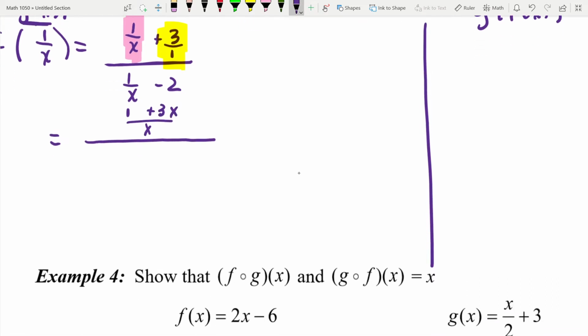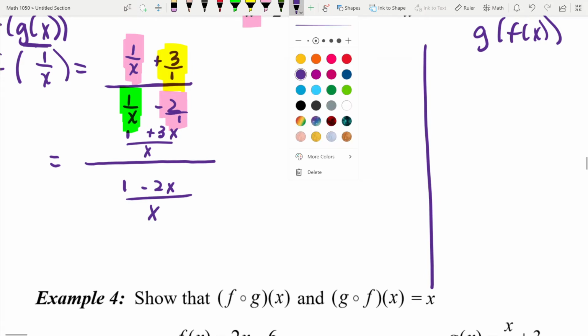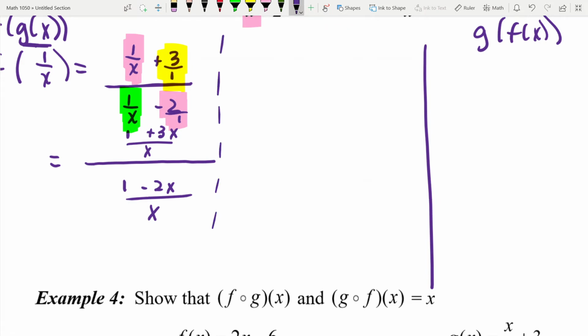In the denominator, I need to get a common denominator, which is also going to be x. So this guy right here in green, guys, already has the x. So I put the 1 down. This guy right here that I'm highlighting in pink is missing the x. So I have to write minus 2x. Okay, so there's my common denominators. Who says I'm totally with you? Let me see. Great. Okay, so the next step, I'm going to go like this and just kind of dash it so you can see what I've done.